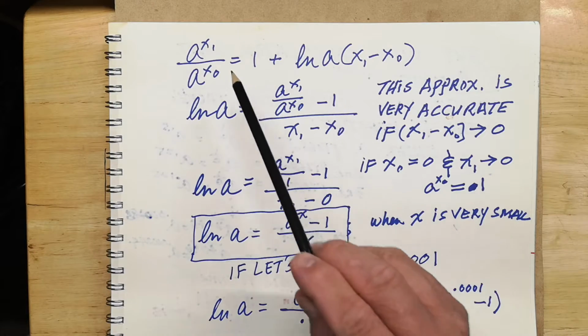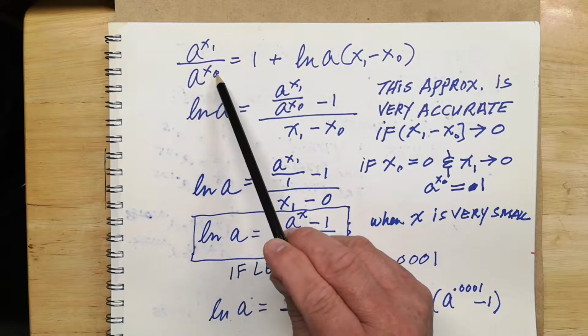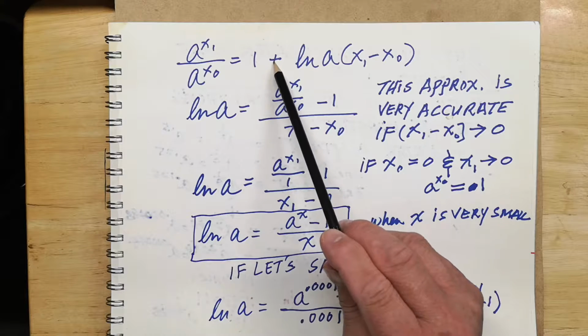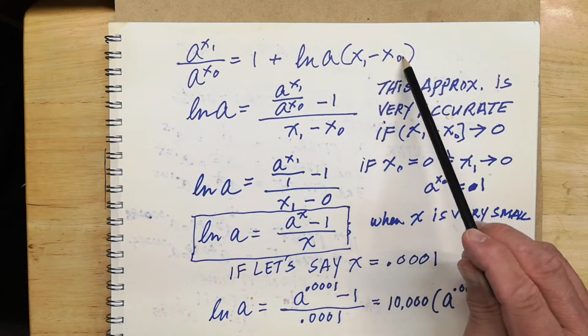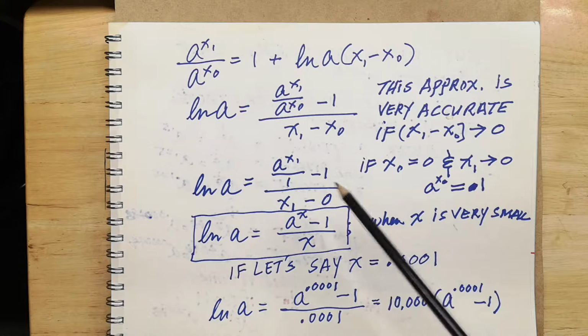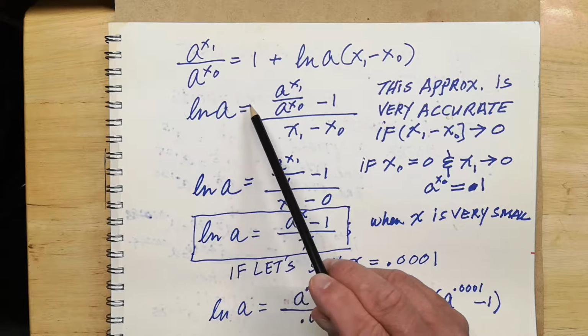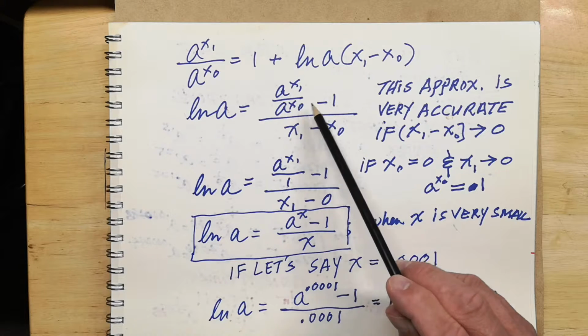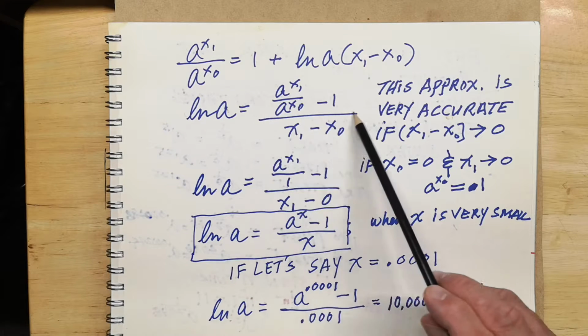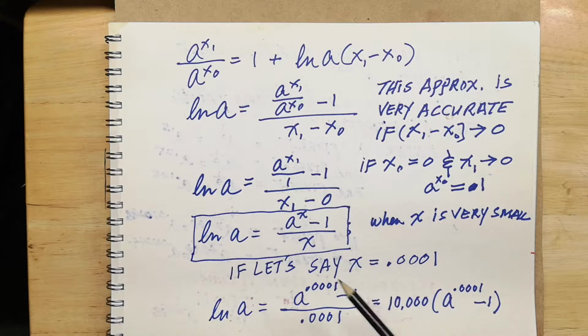And rearranging, a to the x1 over a to the x0 is equal to 1 plus ln a times x1 minus x0. Therefore, ln of a is equal to a to the x1 over a to the x0 minus 1, divided by x1 minus x0.